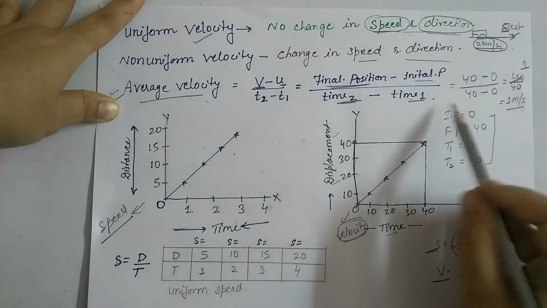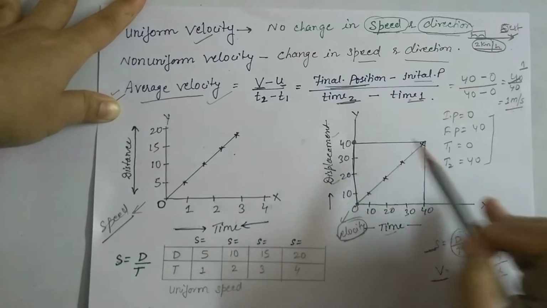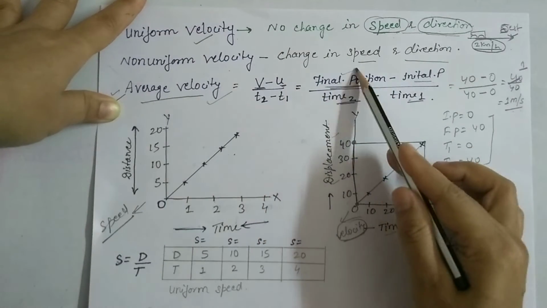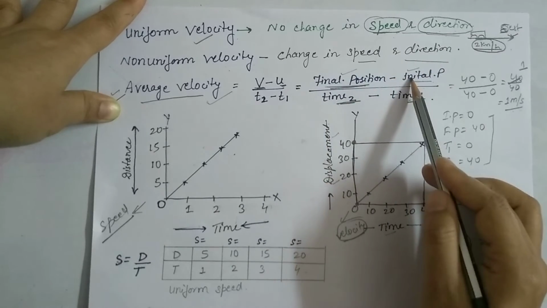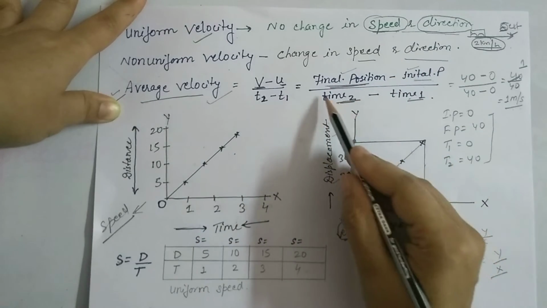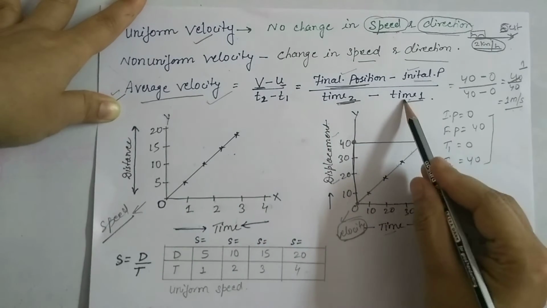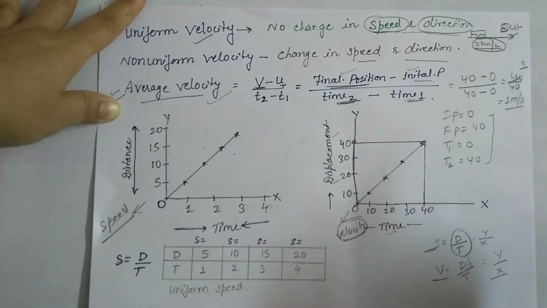Here you have to find from the graph or in the question what the final position and the initial position are, then subtract them and divide by the final time minus the initial time. Then we get the average velocity.